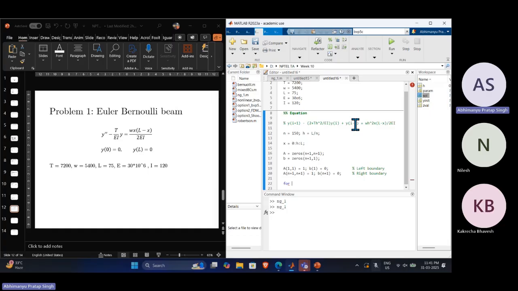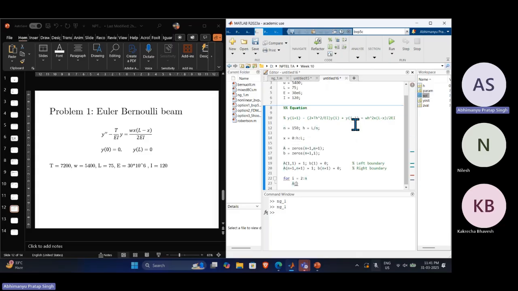Now we need to fill in the matrix values for the other terms. So I minus 1, that should be plus 1.